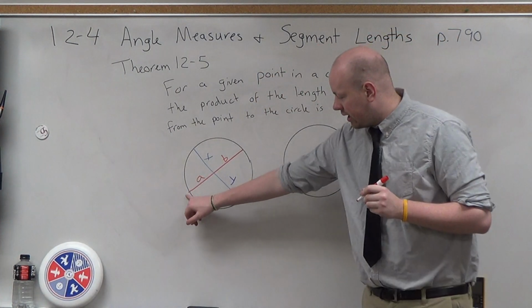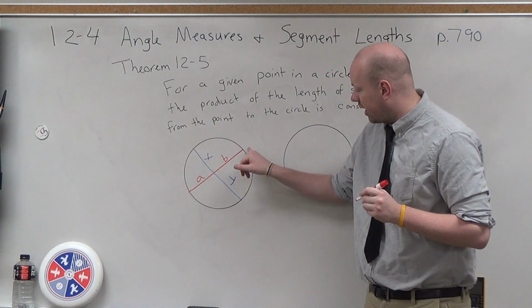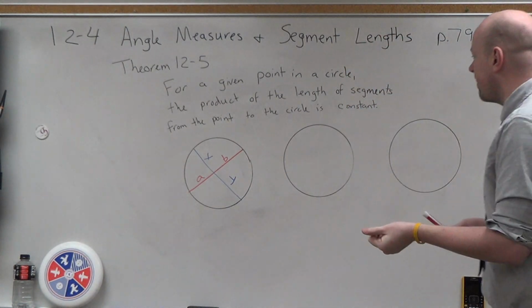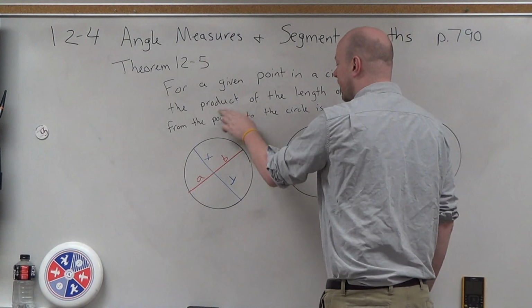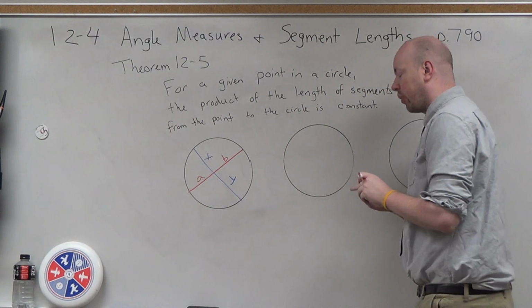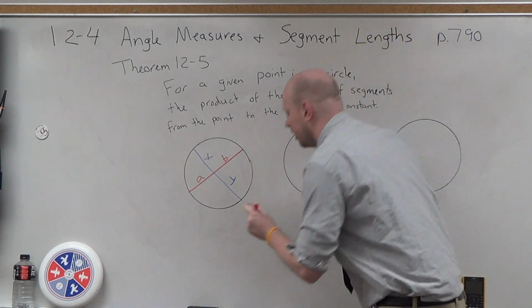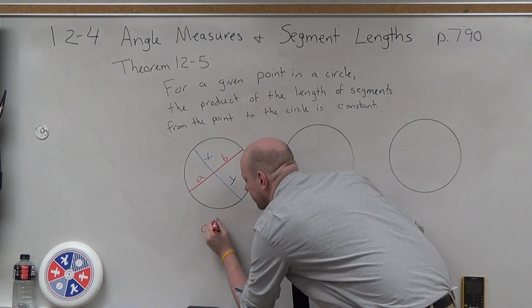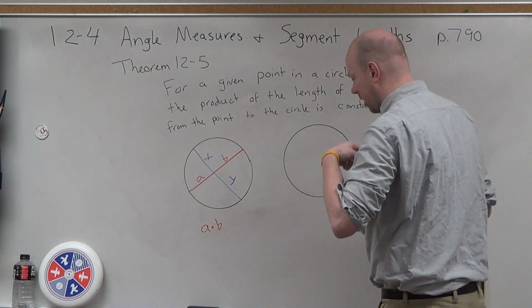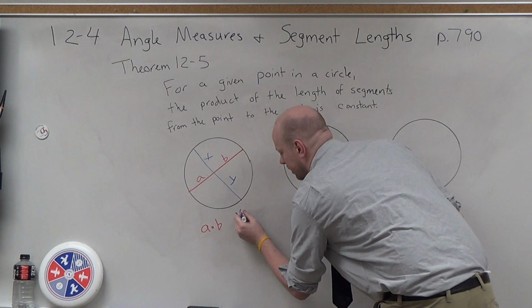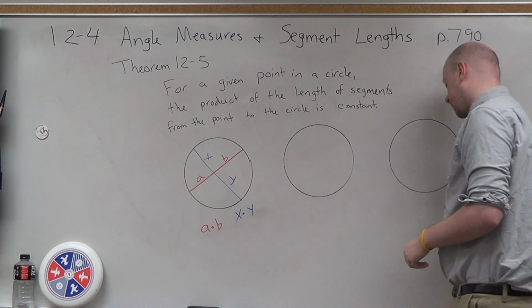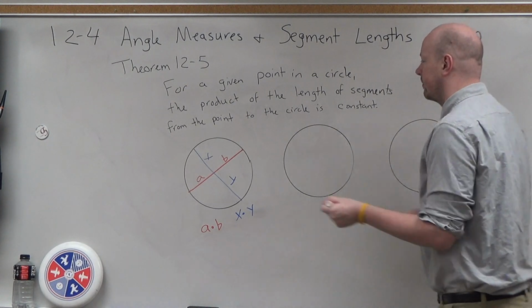Again, edge to intersection, edge to intersection. Well, the key piece here is the product and the idea that they're constant. So product means multiply. So A times B. And then for my blue, I would get X times Y.